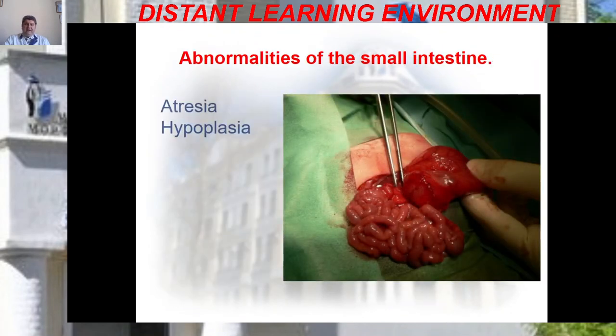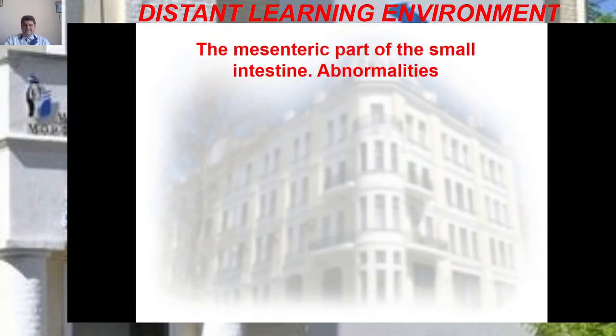You may see the abnormalities of the small intestine, hypoplasia, which you may see on this picture, and also atresia, the obstruction of the lumen of the small intestine.